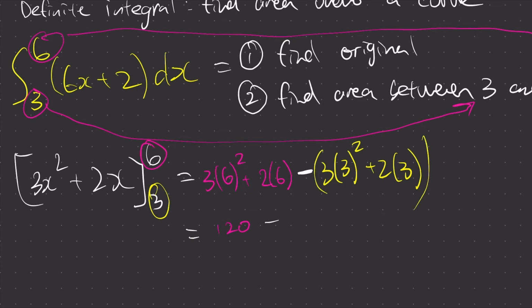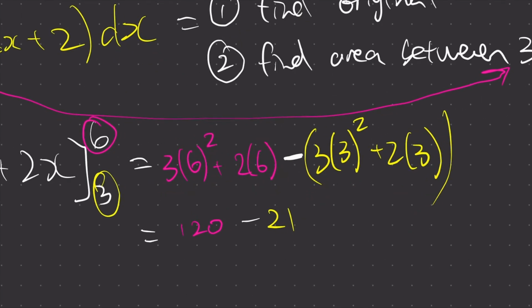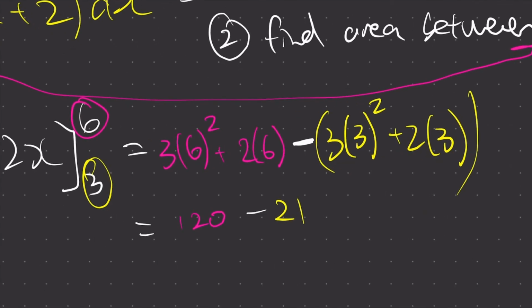Minus 21. Why do we need brackets here? It's because I want to subtract the entire thing after substituting. So remember, you need brackets here. And then doing this, we have 21, because 27 minus 6 is 21. So then the answer here will be 99.